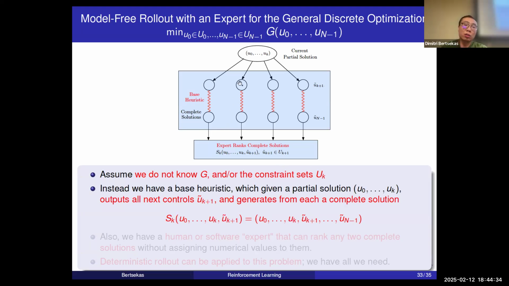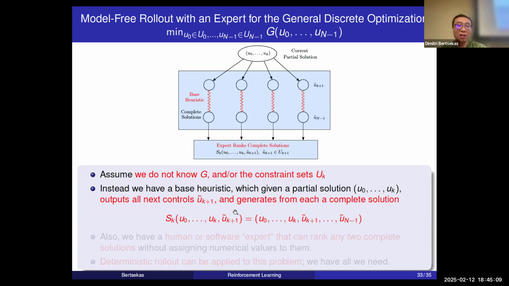So in other words, given a partial solution, u0 until uk, there is a computer software which tells us what all the feasible uk plus 1 we can consider are. So this is one software. The second software is that given the partial solution u0 to uk plus 1 tilde, starting from this partial solution, it gives us complete solutions.